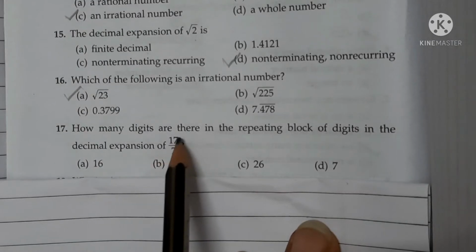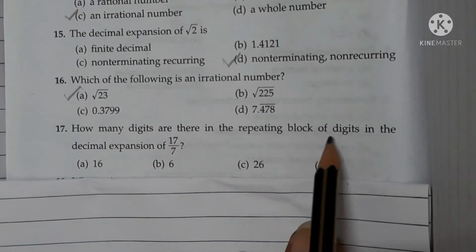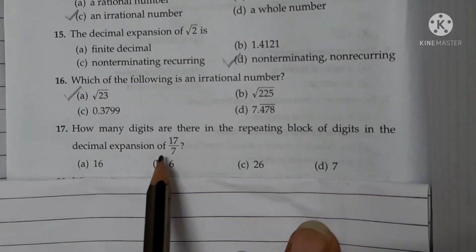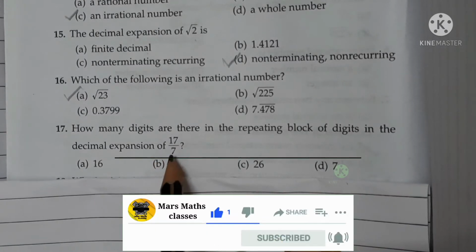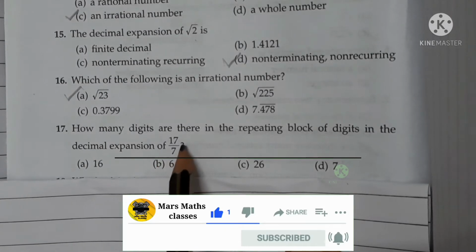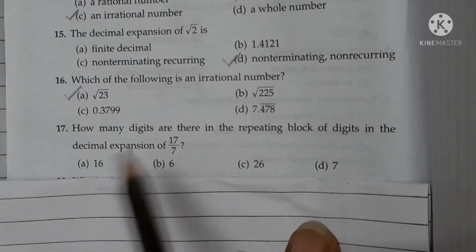How many digits are there in the repeating block of digits in the decimal expansion of 17 upon 7? So, you will divide 17 by 7, and see how many digits you get. Try yourself.